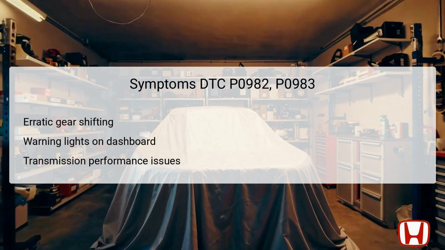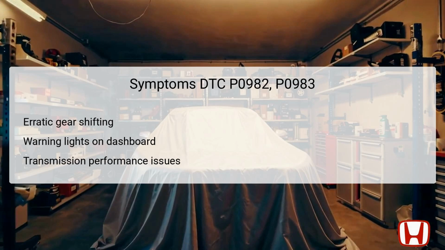The symptoms associated with DTCs P0982 and P0983 may manifest in various ways that impact the driving experience. Drivers might experience erratic or rough gear shifting, where the vehicle's transmission does not change gears smoothly, causing performance hiccups.